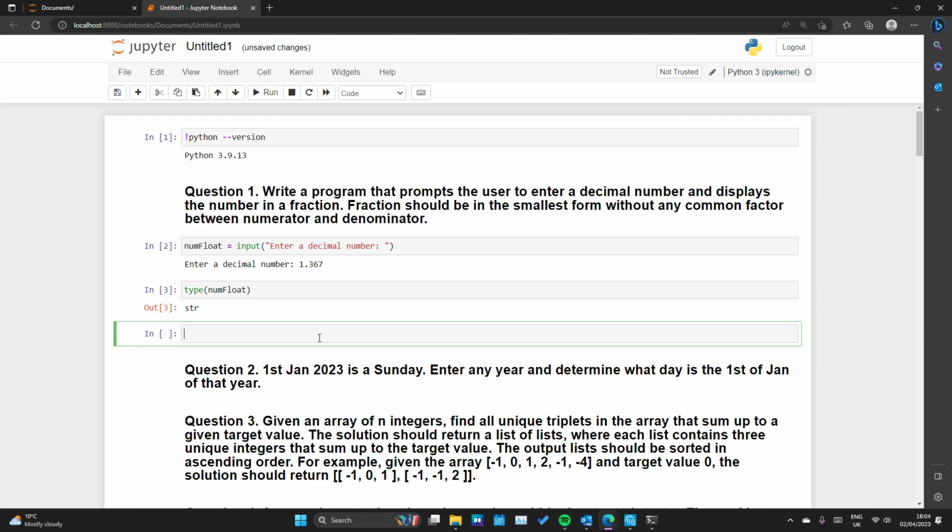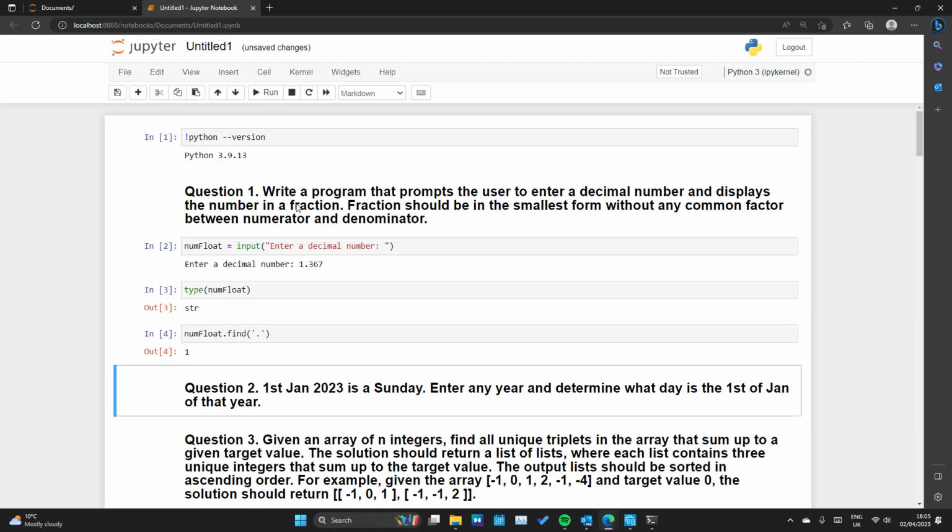So now we can use a function called find. We have this num float, which is the name of the variable, and we can write dot find, and we want to look for the decimal point, so that's a dot. This should return us the index where the decimal point occurs.